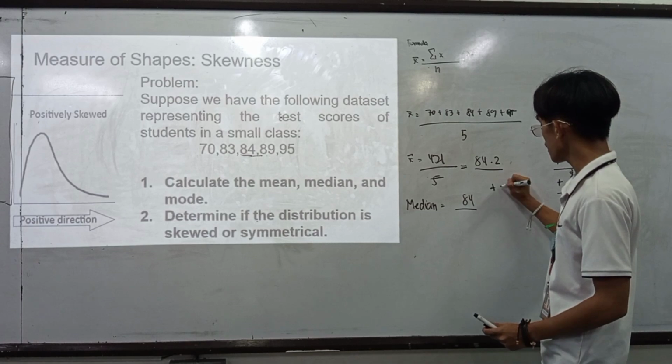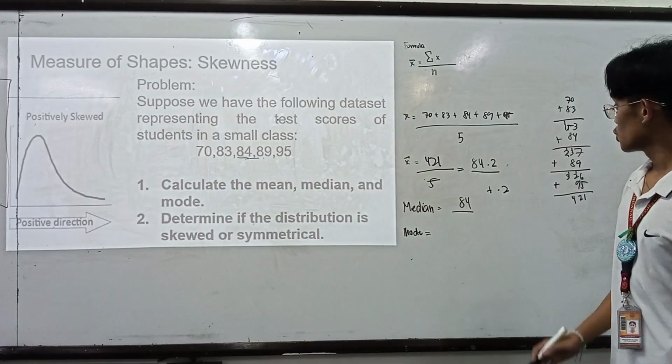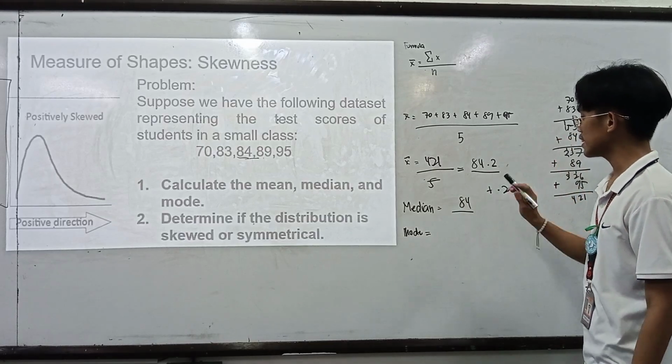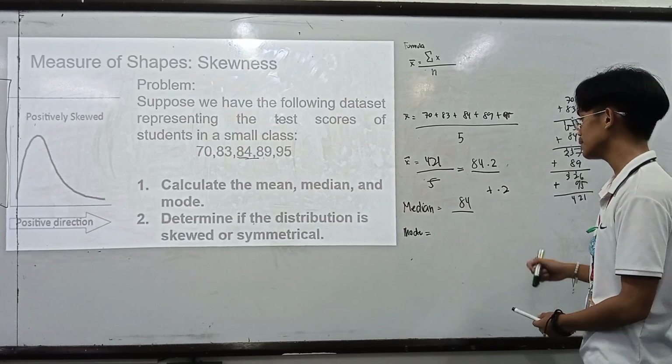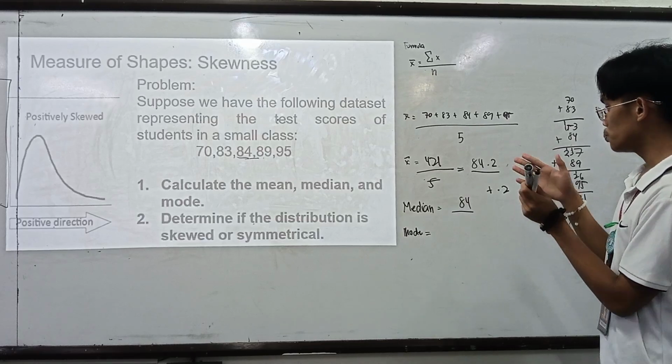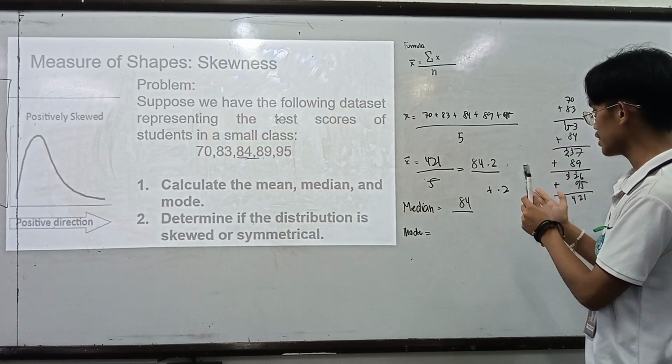It is higher by 0.2. So back to the mean and the median: the value of the mean is slightly higher than the value of the median. It means that the mean will be on the right side of the median.